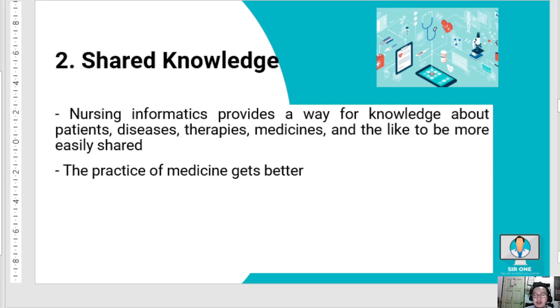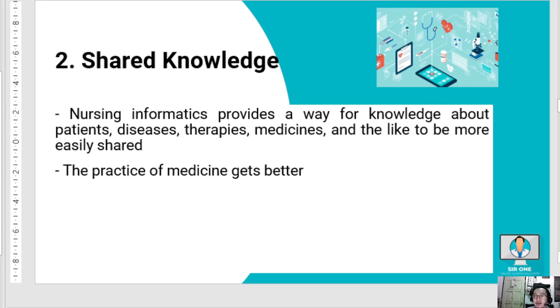And second, the way that nursing informatics changes our healthcare is shared knowledge. Nursing informatics provides a way for knowledge about patients, the diseases, the therapies, the medicines, and the like to be more easily shared.